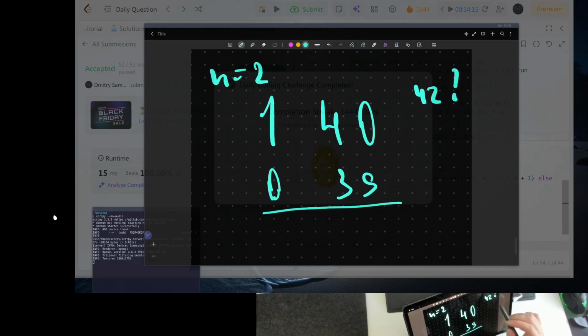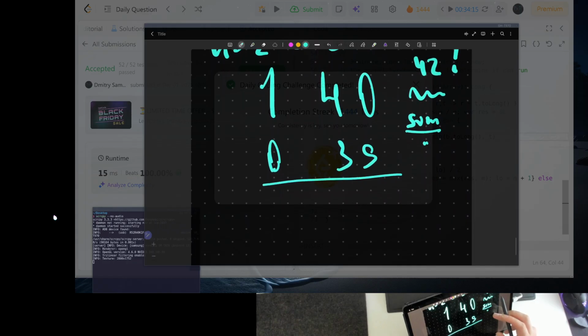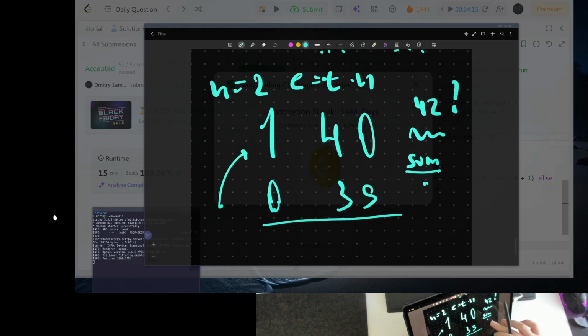So that gives us a hint about what kind of sum we have to compare our energy with. The energy is T times N, and the sum is how much you can take from each battery at most.